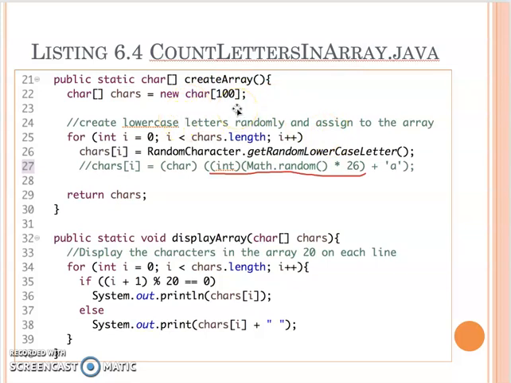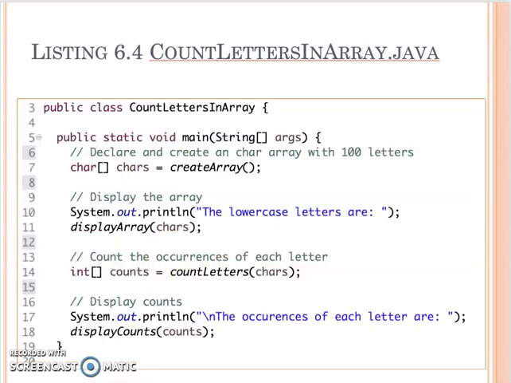Actually, in this example, we have four different methods: passing an array, returning an array, and for the display, two methods, display array and display count. For these two methods, I won't talk about them; I want you to read them by yourself.